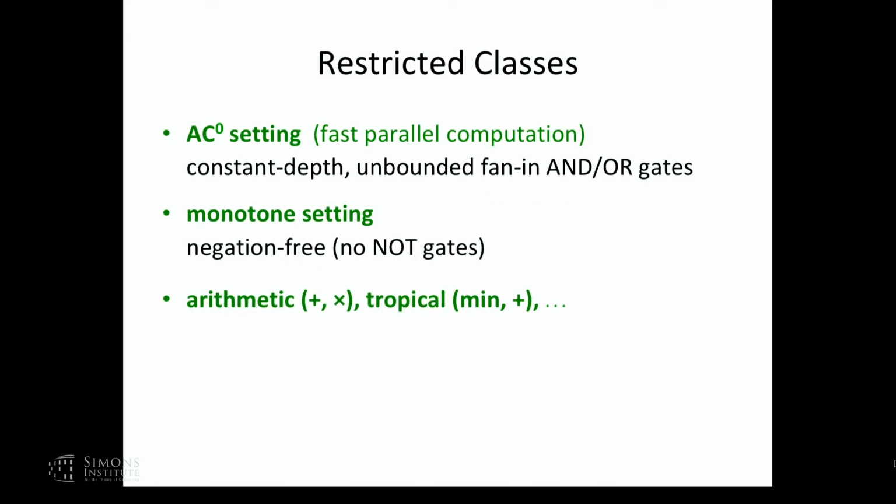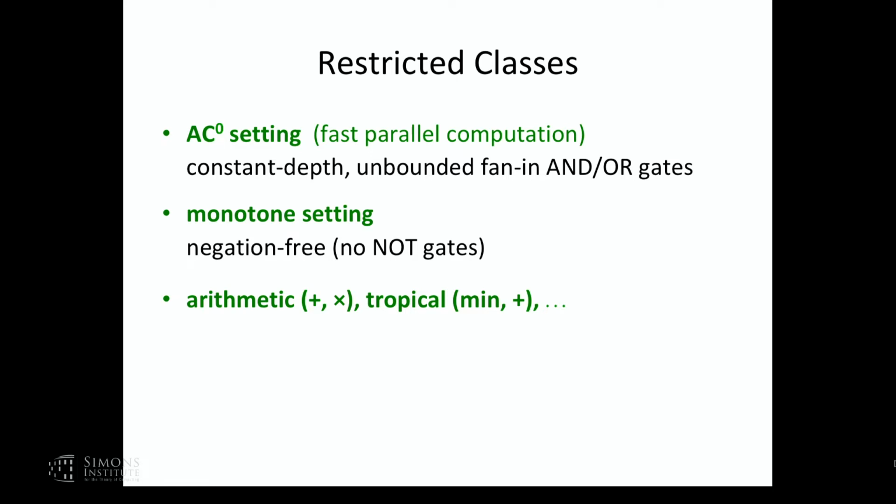So we can't prove strong lower bounds for general circuits and formulas, so we study restricted classes in the hope of developing stronger techniques. Some of the main classes that we study are the AC0 setting, which corresponds to fast parallel computations, and these are Boolean circuits with unbounded fan-in AND and OR gates, but constant depth, or in general bounded depth.